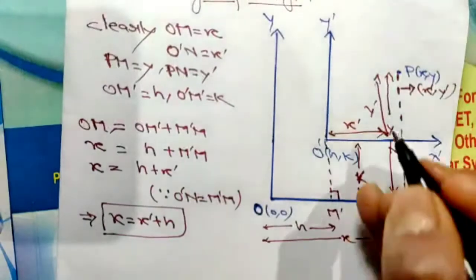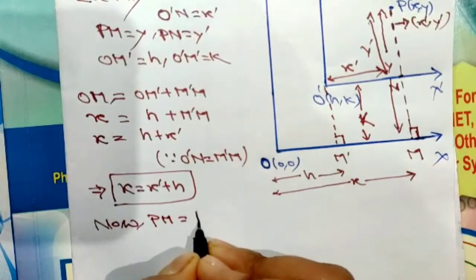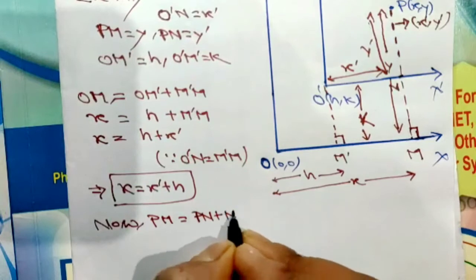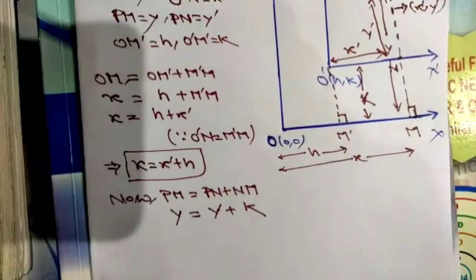Now we can find PM. PM is equal to PN plus NM. PM is y, PN is equal to y dash, and NM is parallel to O dash M. The length of O dash M is k, so the distance of MN is also k.